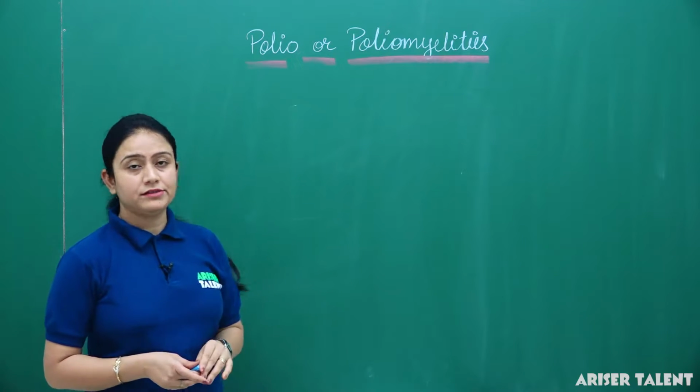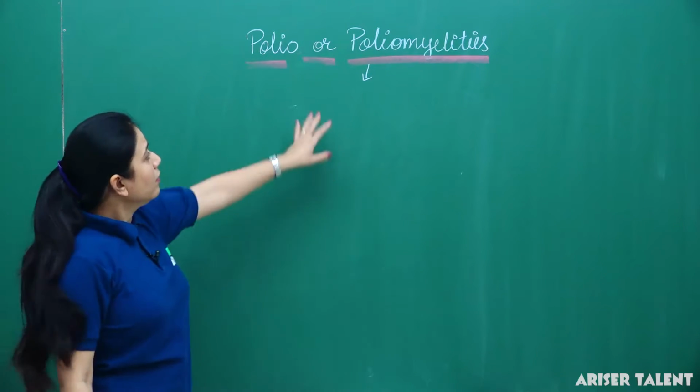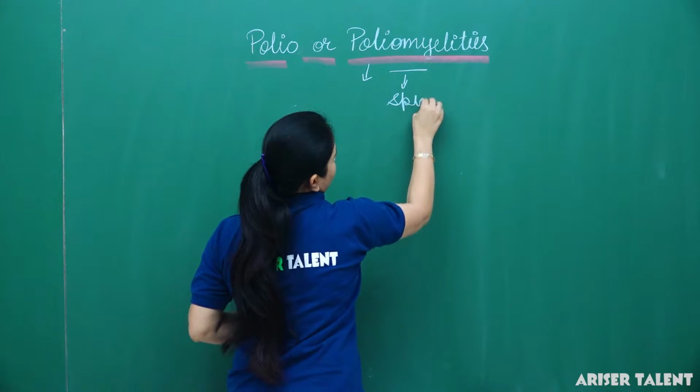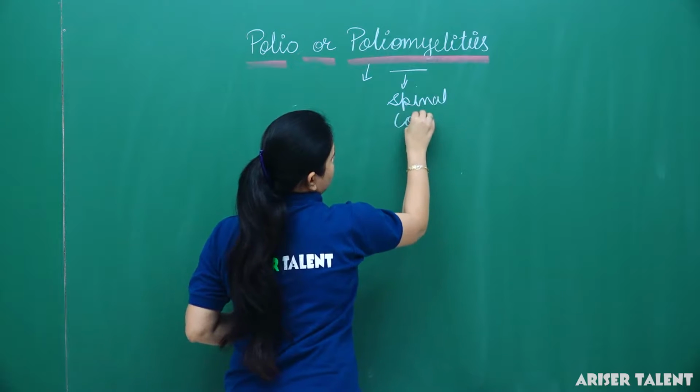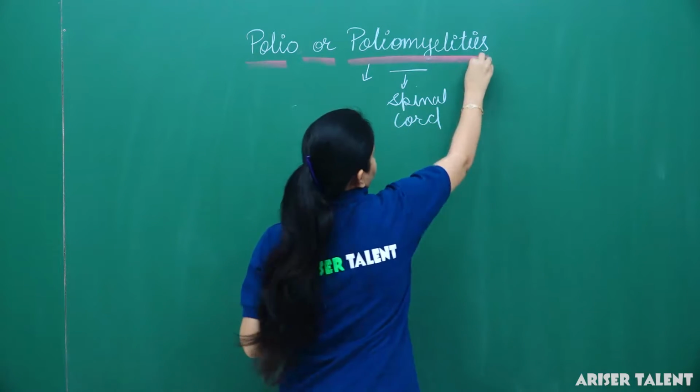as poliomyelitis. In poliomyelitis, if you go with the name, polio means grey, myelo means spinal cord, and itis means inflammation.